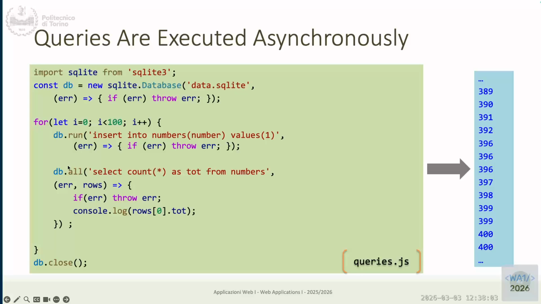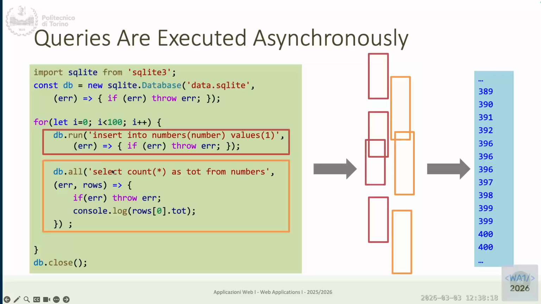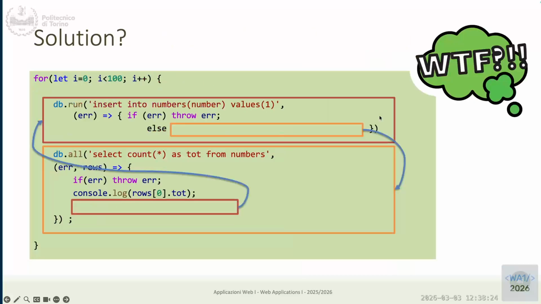The only way would be to put this query inside the callback of the first one. But we also want to execute the insert after the select is executed. So this is what may happen, an overlapping of the query execution.